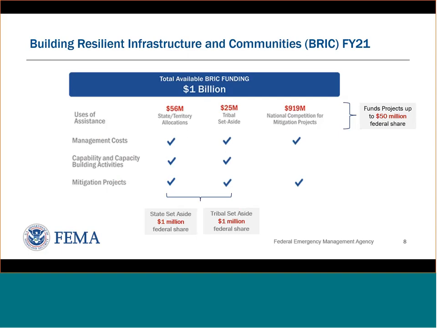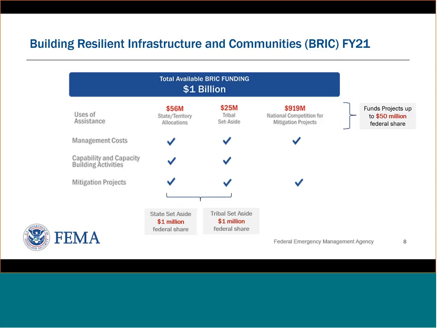These two on the left side are what we're going to focus on mostly. The state set-aside and the tribal set-aside are up to 1 million federal share. Within that amount of funding, there are different uses: management costs, capability and capacity building activities, and mitigation projects. Today we're going to discuss planning, which is part of capability and capacity building activities, so we'll be talking about hazard mitigation planning.